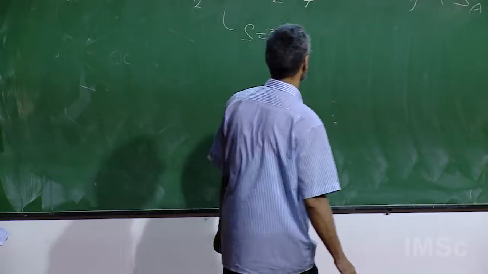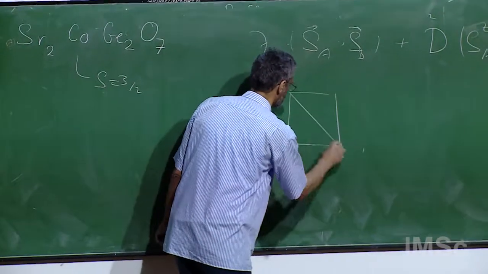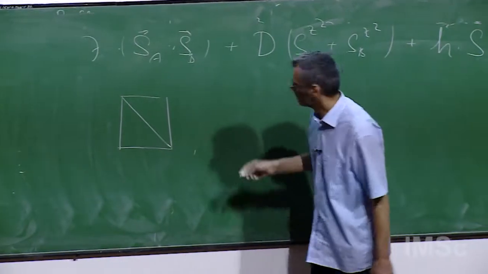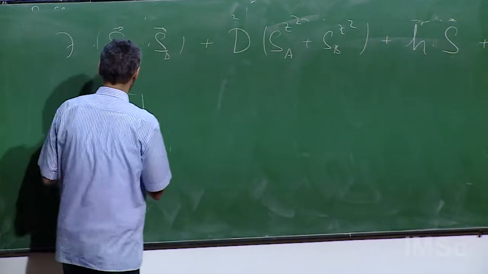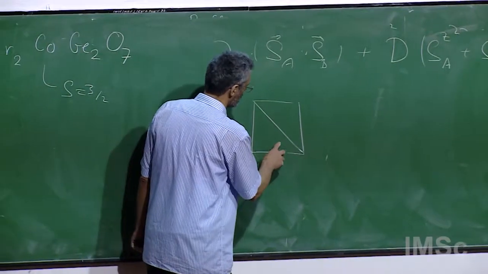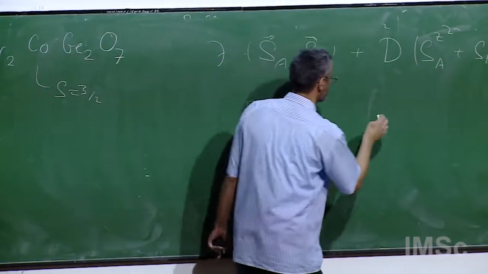Right, good, excellent. So there was this single tetrahedron, and the spins are moving in x and y, and z is here.